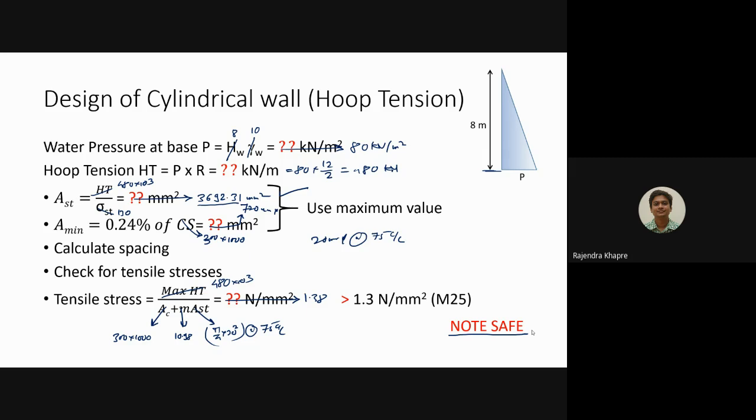Now what we have to do is we have only one option: either we increase the thickness or we increase the steel. But we are already providing 20 dia bars, and that too at 75 center to center. It is already an expensive affair as far as the steel is concerned. So it's better if we increase the thickness of the wall itself.